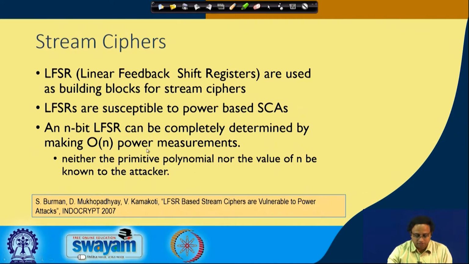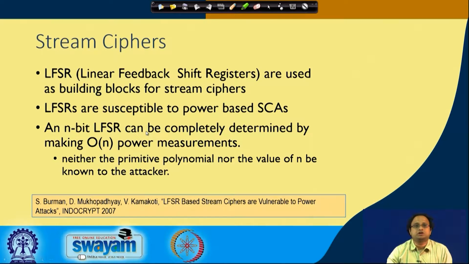In this paper, a reference published in Eurocrypt 2007, you can see that LFSR based stream ciphers are vulnerable to power attacks. You can look into this and see the claim, essentially that LFSRs are susceptible to power based side channel attacks. Therefore, one can perform a power based attack on LFSRs.